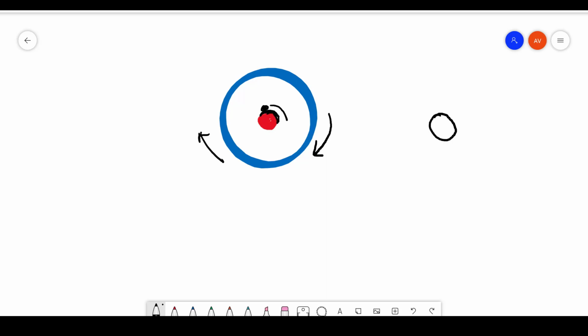If this is my shaft, I'm going to have some tangential force. Because of this rotation itself, I'm also going to have some radial force, which is Fr. Let me just take it towards us. Let's say Fr.